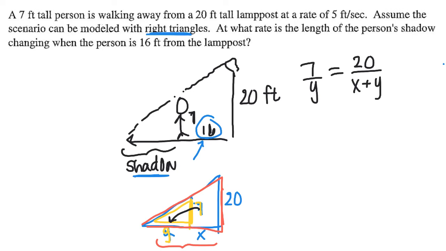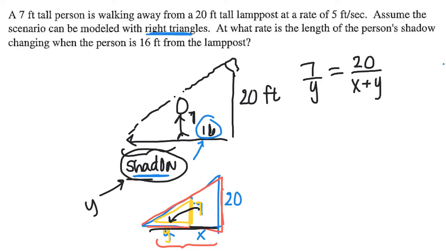And again, we're breaking this apart because I don't need this whole side. I want to know the rate of change of this shadow. So I'm having to break this side into 2 different parts, and that's where the x and y came from. Now keep in mind the shadow, that's what I labeled y to be.